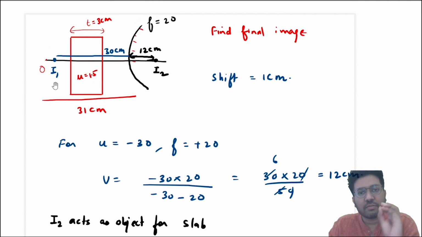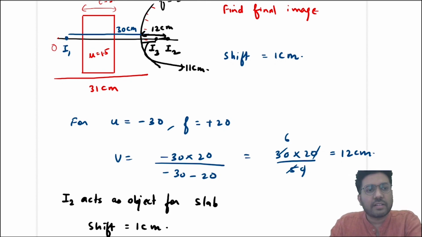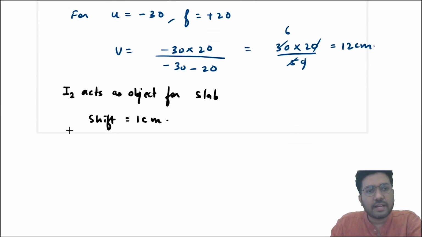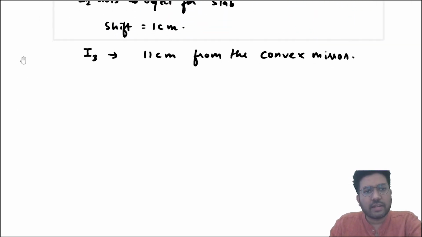Shift is always equal to t into 1 minus 1 by mu, right? So shift is 1 centimeter. Now because the ray is moving towards the left, so the shift will be towards the left. So that means this will be the final image I3. So the final image I3 will be at a distance of 11 centimeter from the convex mirror, right? So I3 will be at a distance of 11 centimeter from the convex mirror.